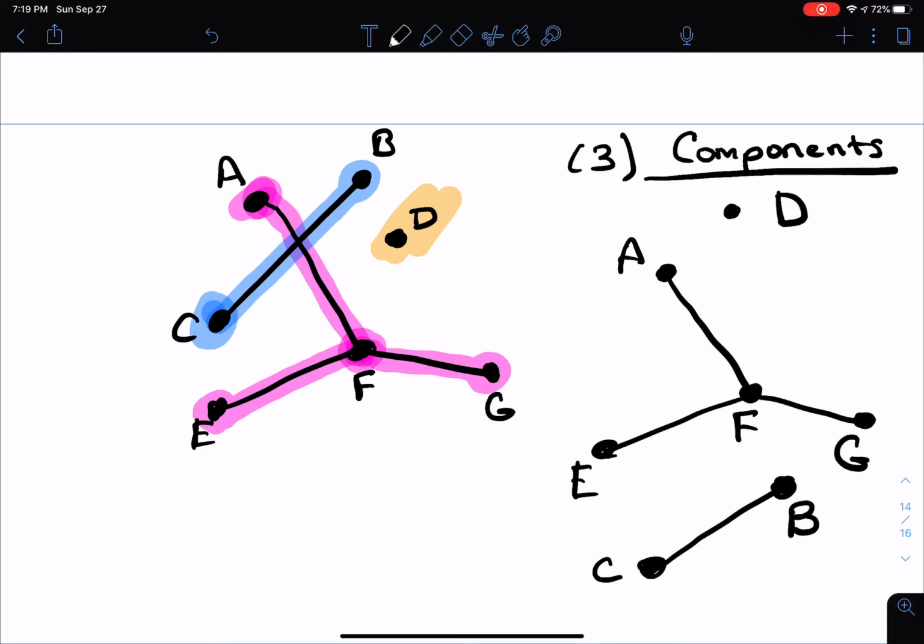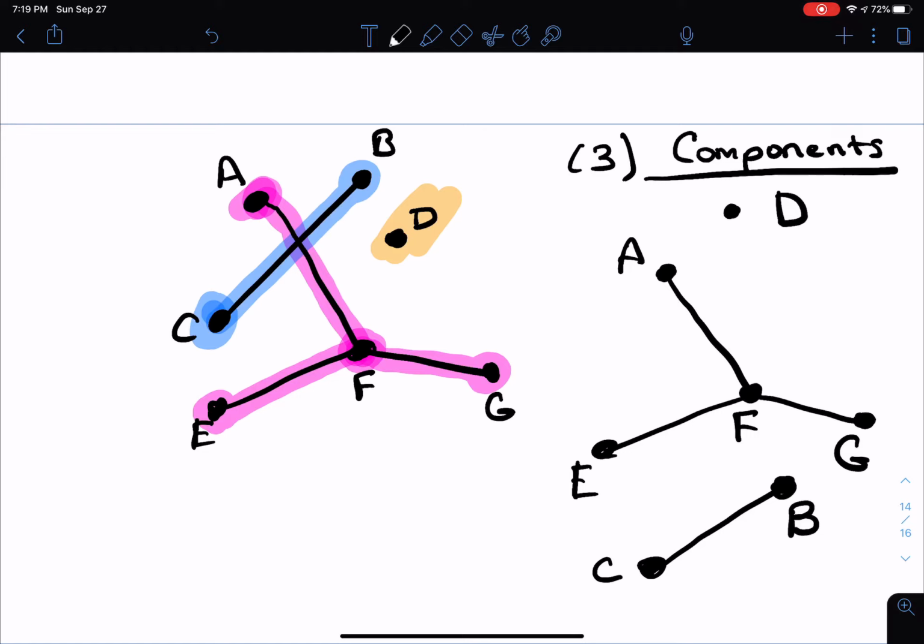If you wanted to create a connected graph, you would have to add in some bridges. You'd have to add in something that was able to connect all, probably 2, I'm trying to think if I could do 1 edge. Nope, you would need 2 edges at least to turn this into a connected graph. Because you would need something connecting D to one of the components, and then you would need something that connects the pink and blue components together.